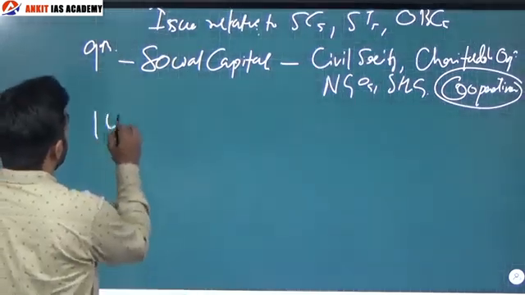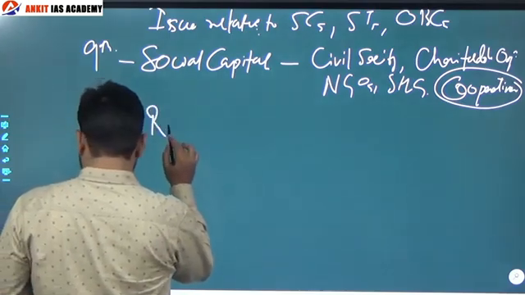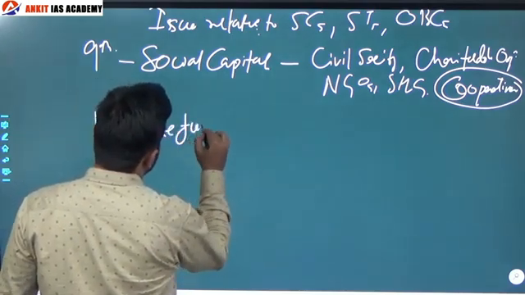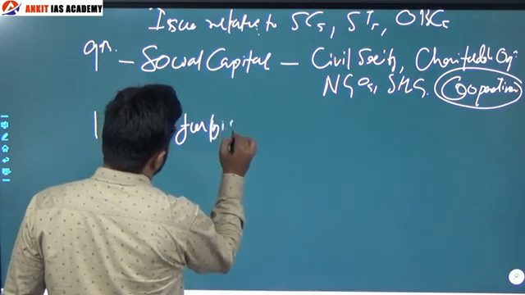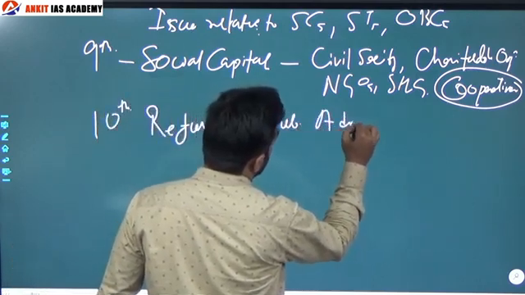Then the next important report is 10. This is refurbished public administration.